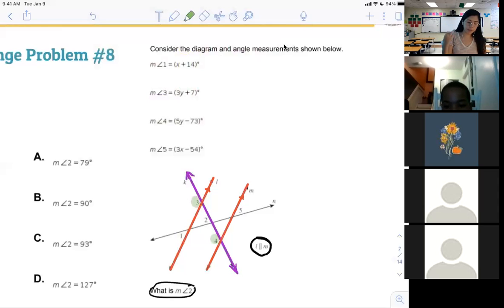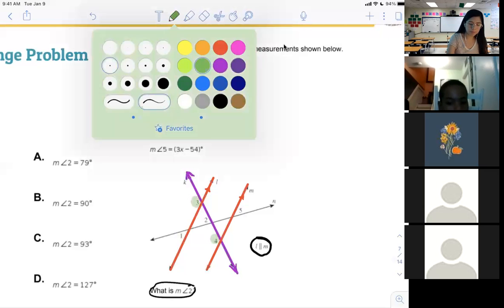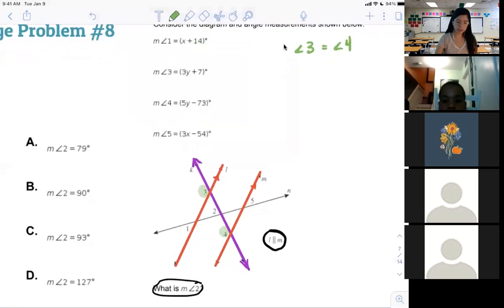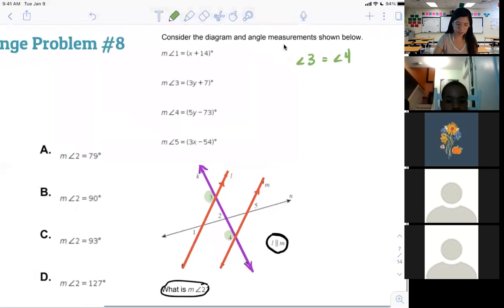Does anyone want me to explain how those are corresponding? I need a refresher, please. Remember that corresponding angles are in the same location, but one is on top and one is on the bottom. I wish I could tilt my screen. Let me see if I can do this.